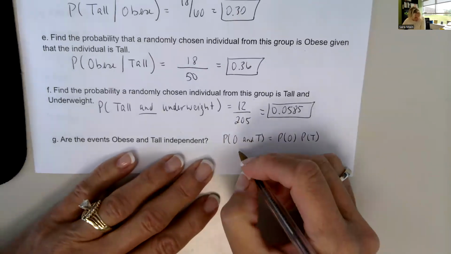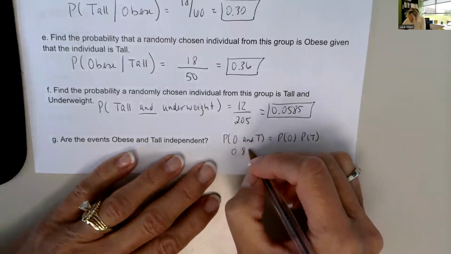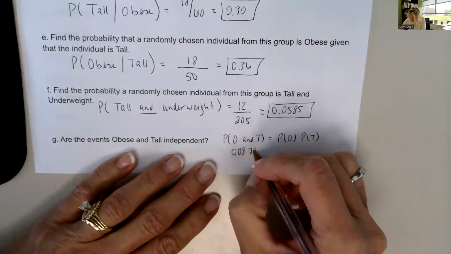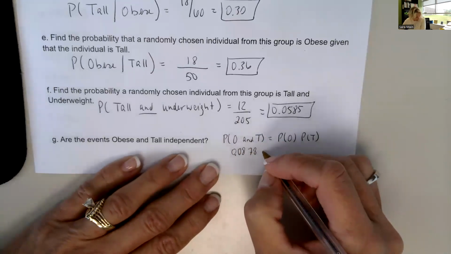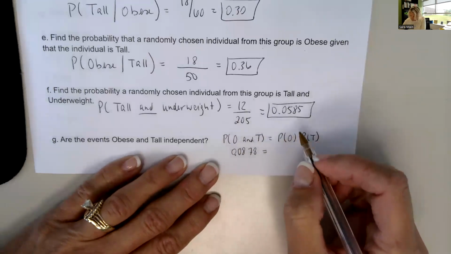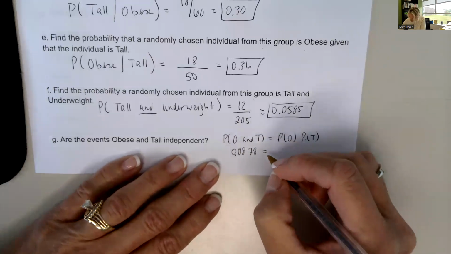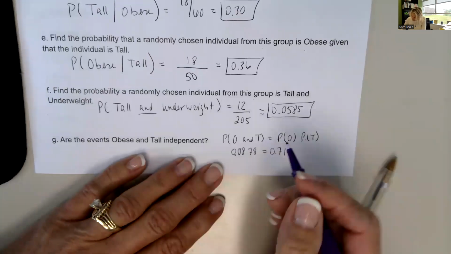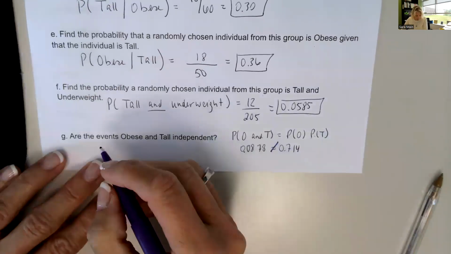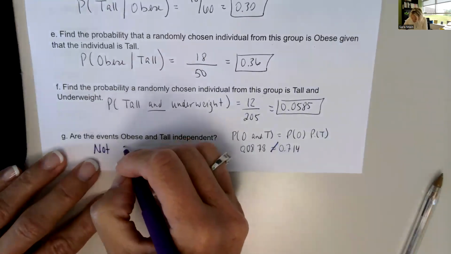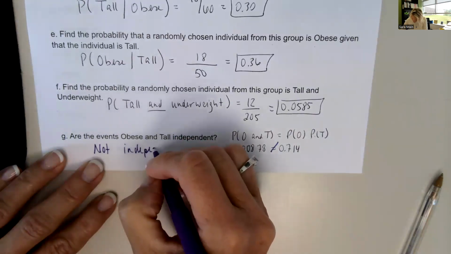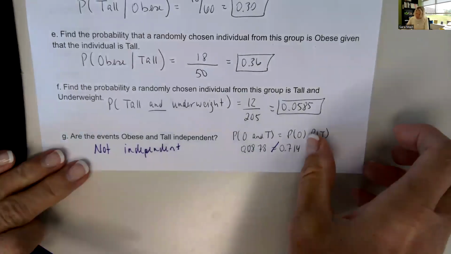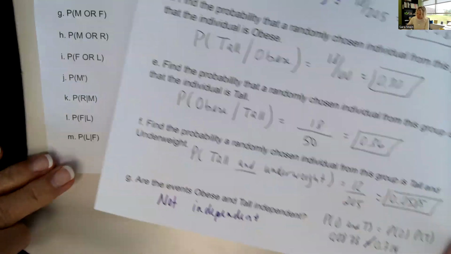The and from above was 0.0878, compared to the product of these two, which is 0.0714. Those do not equal, so they are not independent. And that concludes that problem.